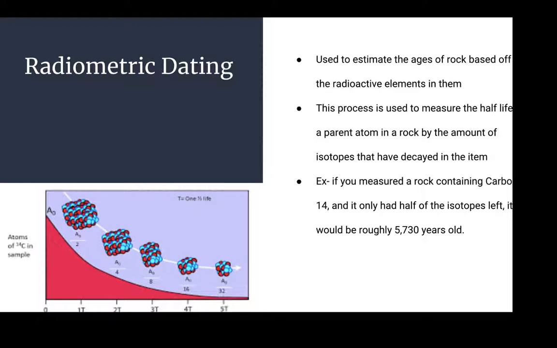For example, if you measured a rock containing carbon-14, and only half the isotopes were left in it, it would be roughly 5,730 years old.